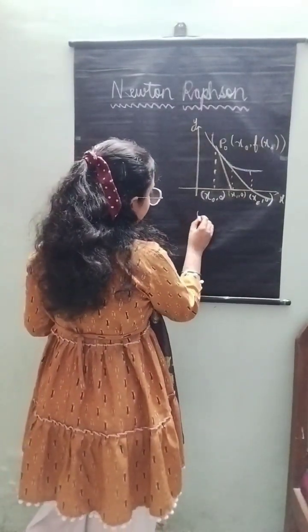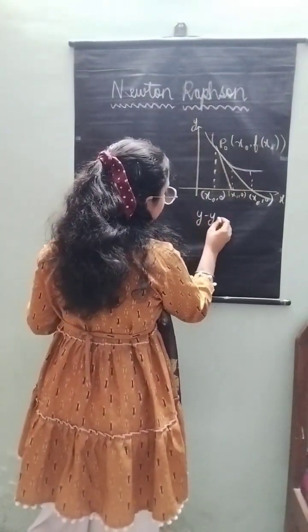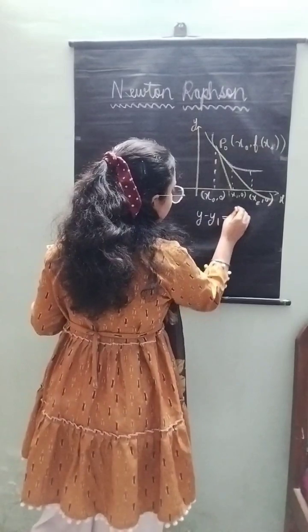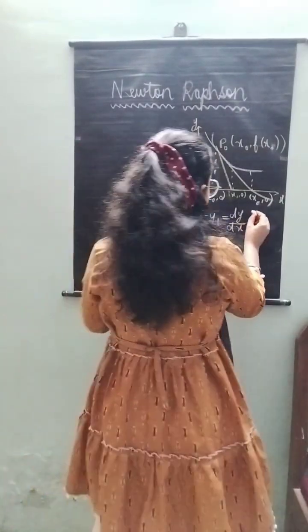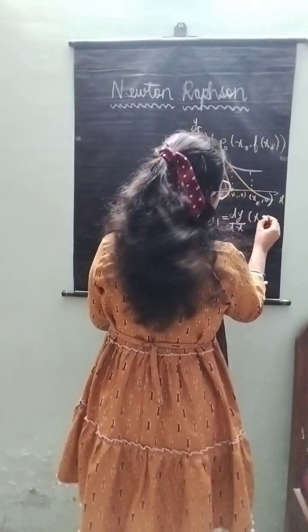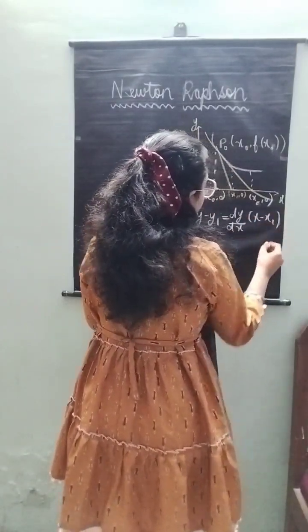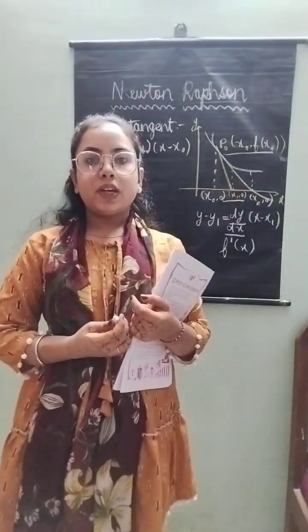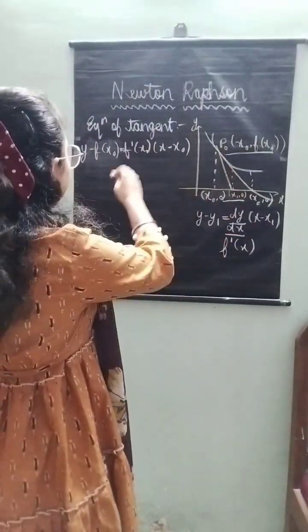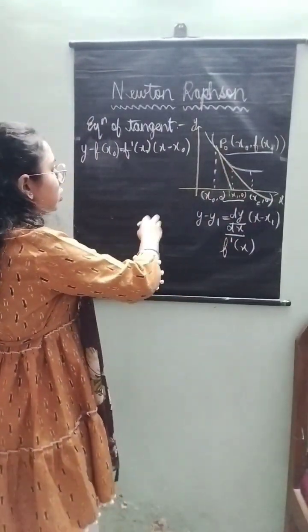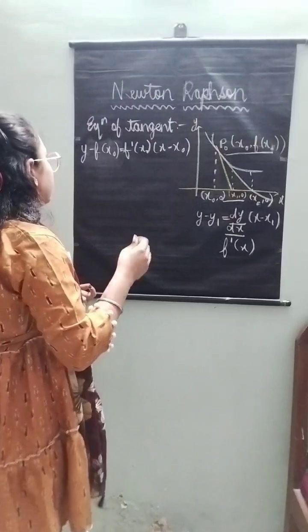The general equation is y minus y1 equals dy by dx times x minus x1. Based on this equation of tangent, we will write another equation of tangent based on this diagram.